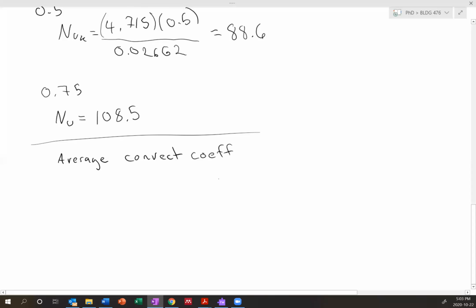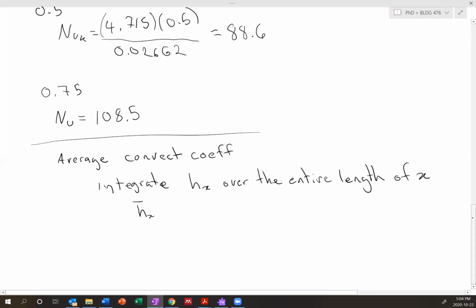And this will be, you integrate your hx over the entire length. And usually we call that h bar.